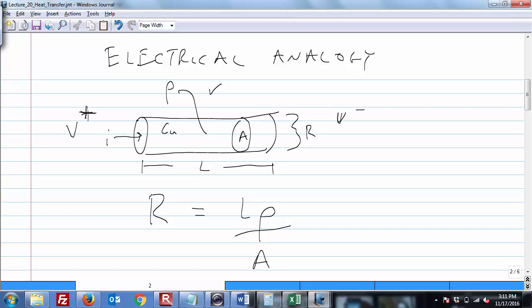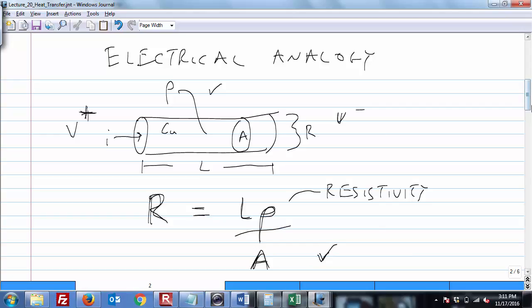So we know that the resistance equals the length times the resistivity divided by the area. So this rho is the resistivity. Obviously, the longer it is, the skinnier the wire is, the greater the resistance. So that's what that guy means.